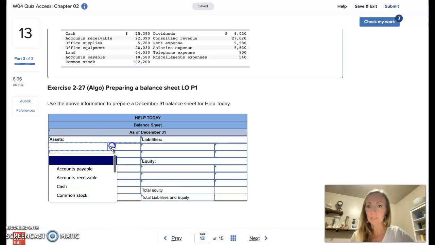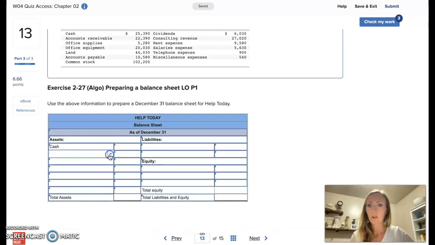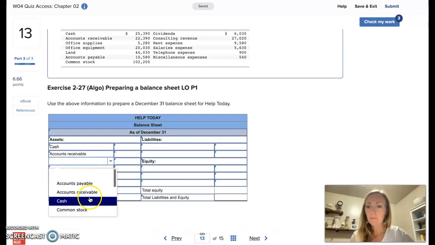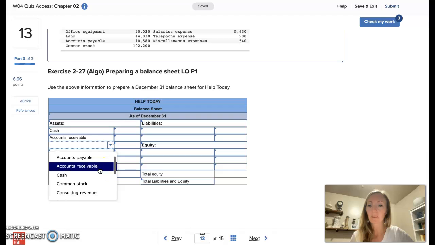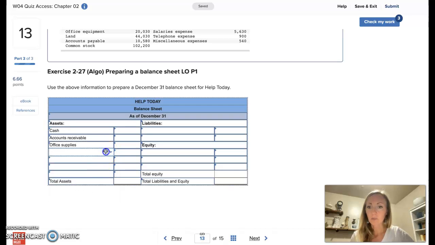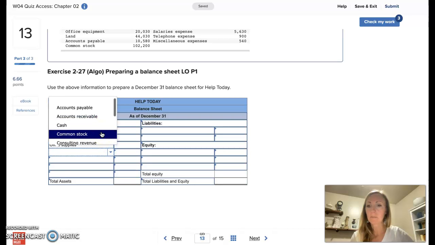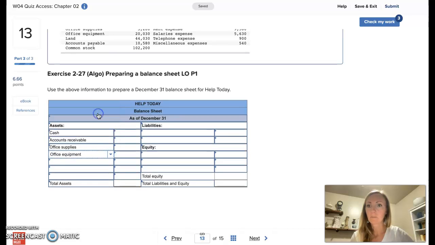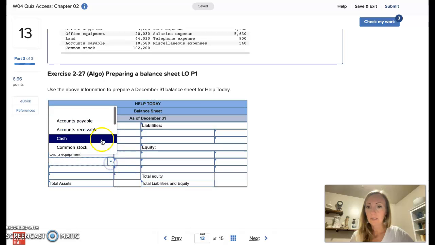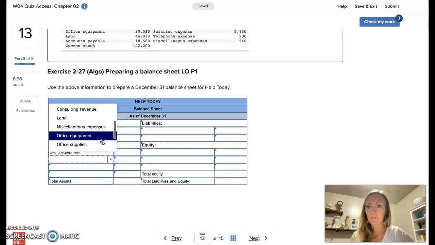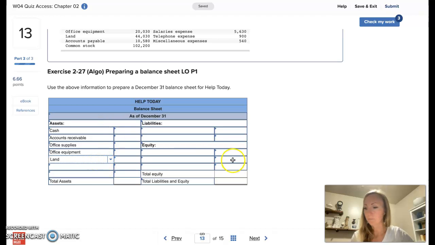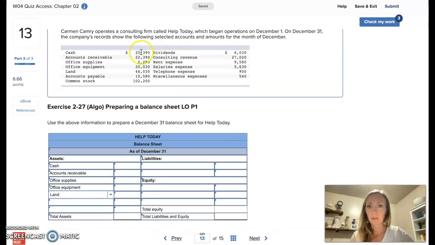For assets, we have cash, accounts receivable, office supplies, office equipment, and land. We're going to plug those numbers in.